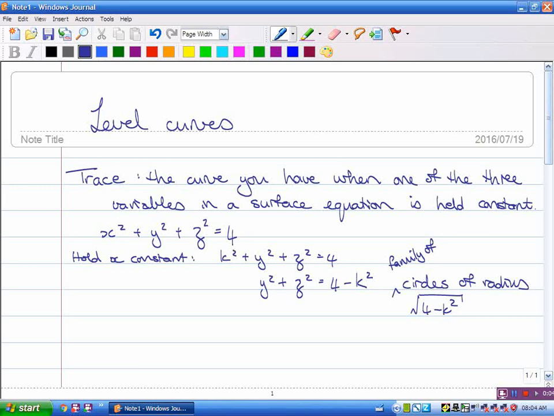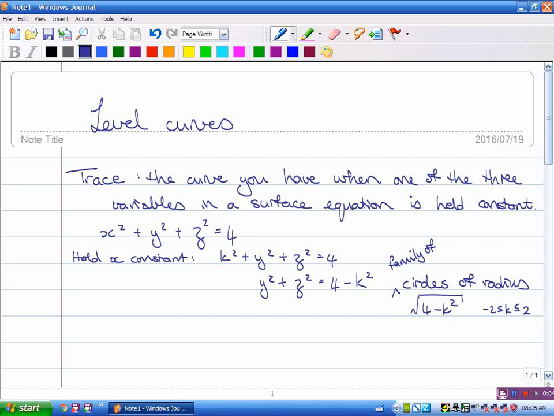In a sense, we're taking a sphere and slicing it with a plane x equals k, and then looking at the curve we get at that intersection. So k can lie between minus 2 and 2.